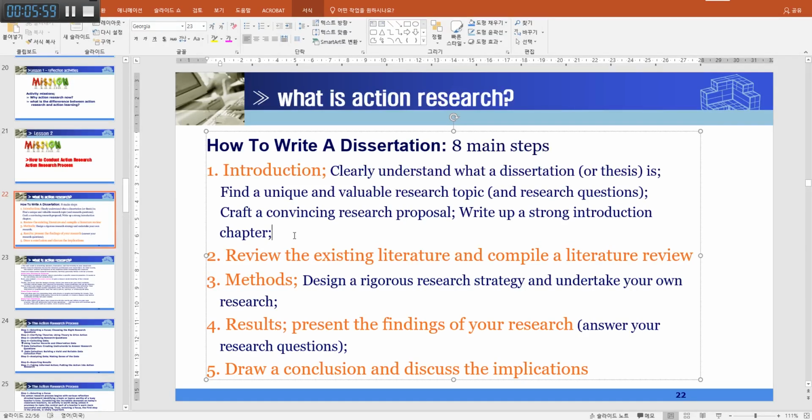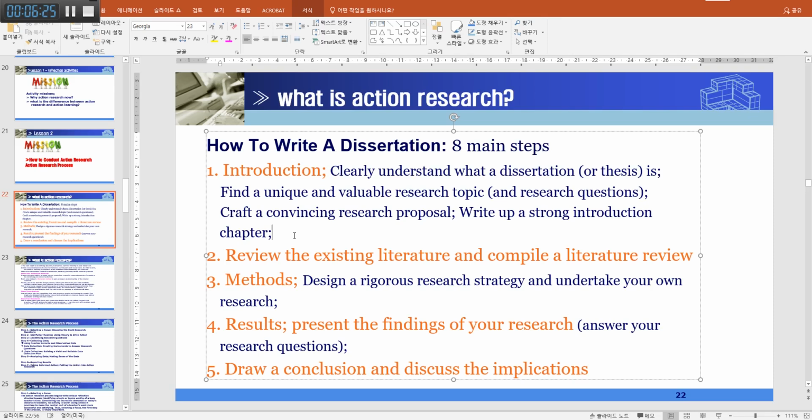So, in summary, whenever you conduct research, whether it's a thesis or a dissertation, it consists of 5 chapters. Chapter 1 is the introduction: what you want to do, presenting your research goal and your research questions.